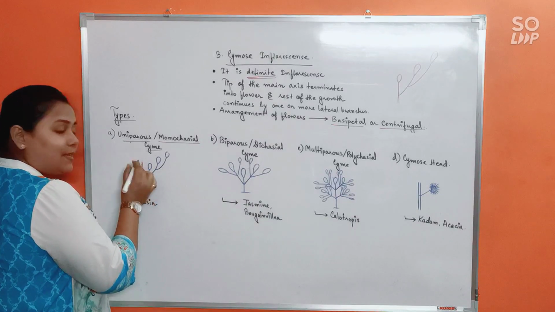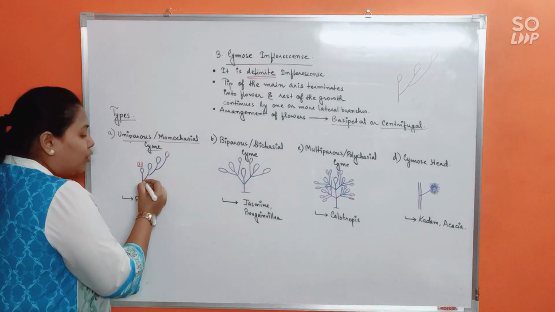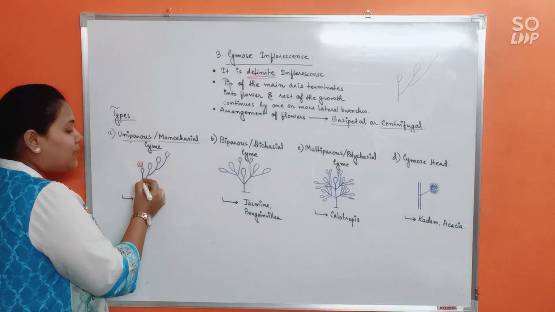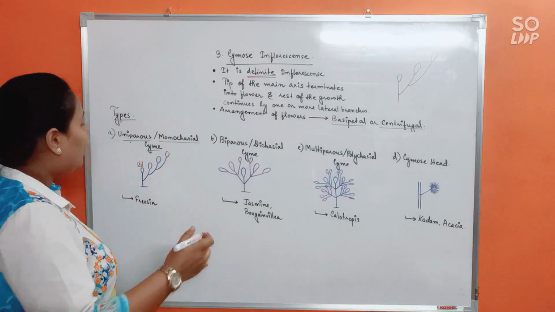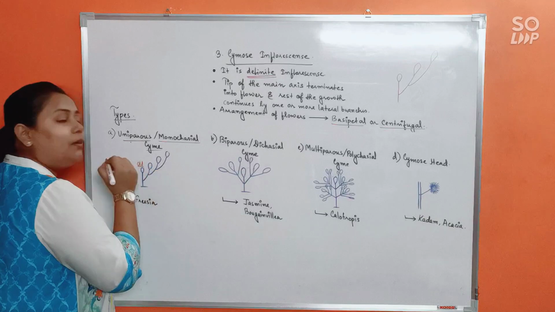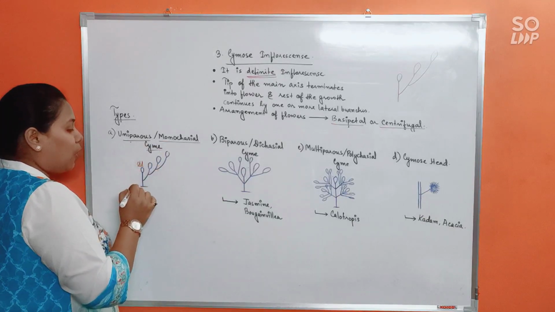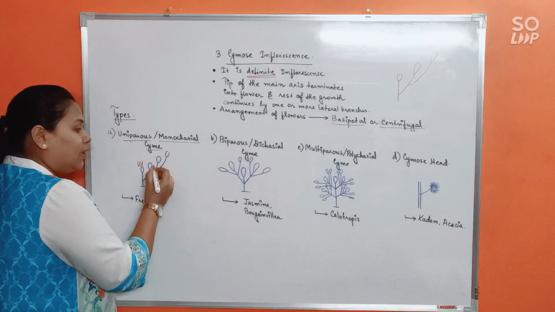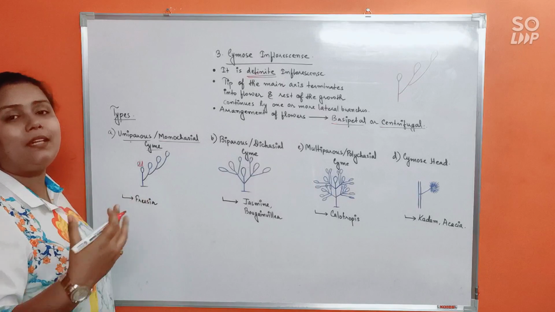Now that it has stopped its growth, a lateral branch will arise and start to make the main axis grow further. But eventually even this one will terminate and bloom into a flower. When it stops its growth, again another single lateral branch arises and this process is repeated.